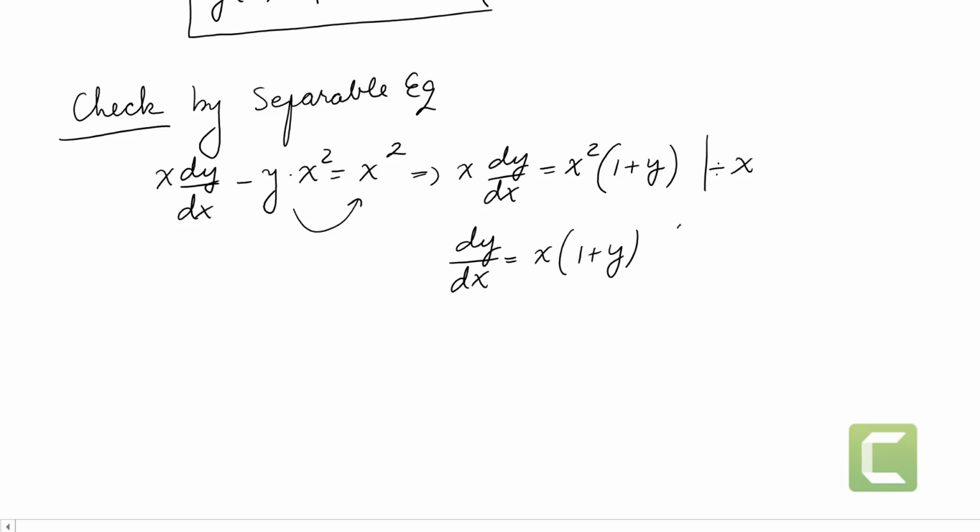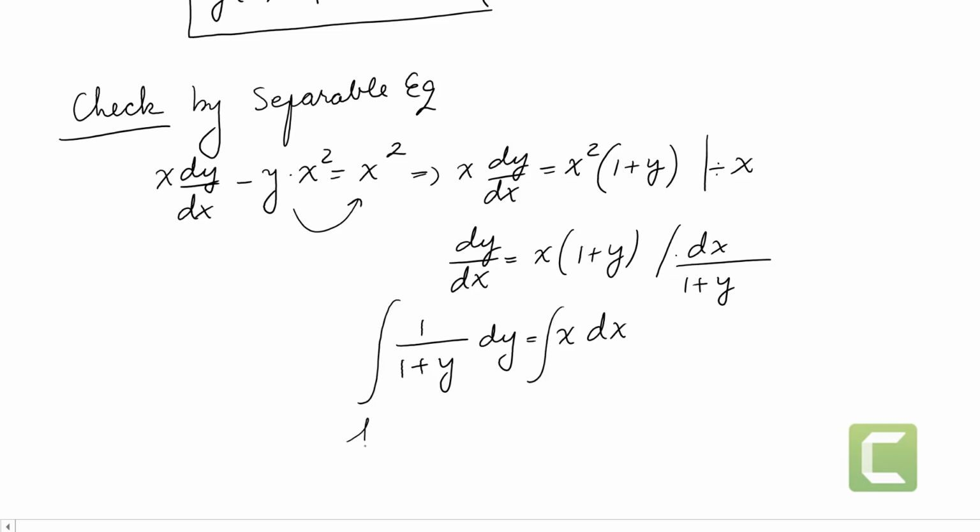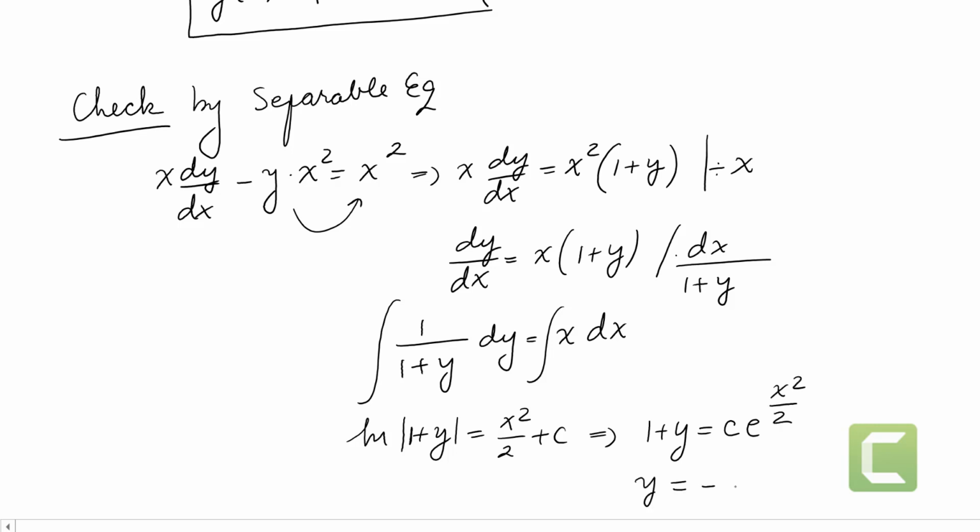So if we multiply by dx and divide by 1 plus y, the left hand side is going to be 1 over 1 plus y dy and the right hand side is going to be x dx. If we integrate both sides, we get ln of 1 plus y equals x squared over 2 plus c. So 1 plus y equals c e to the x squared over 2. And y equals negative 1 plus c e to the x squared over 2.